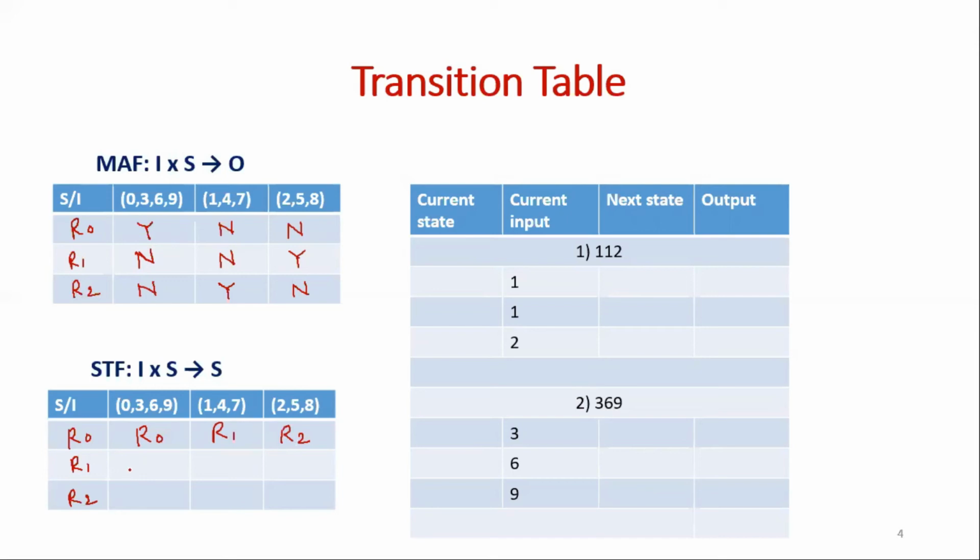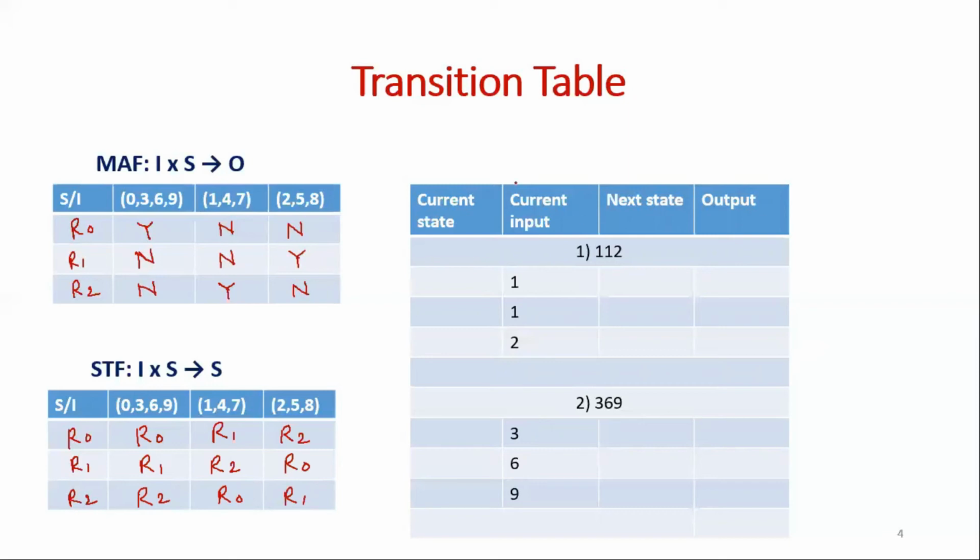Then in R1, if input is 0369, next state will be R1. If input is 147, next state will be R2. If input is 258, next state will be R0. Then in R2, if input is 0369, next state will be R2. If input is 147, next state will be R0. And if input is 258, next state will be R1.